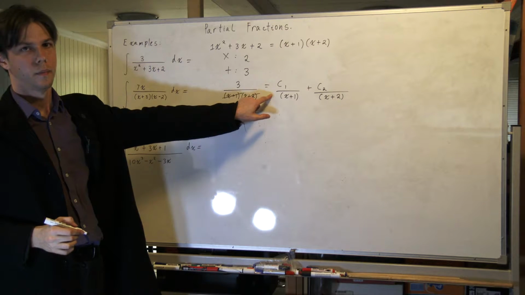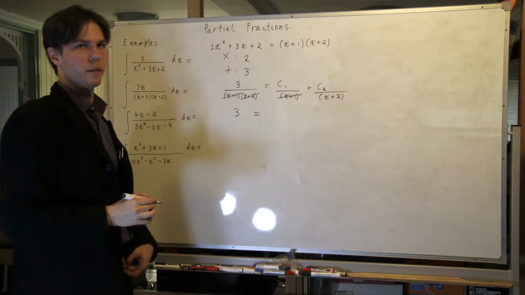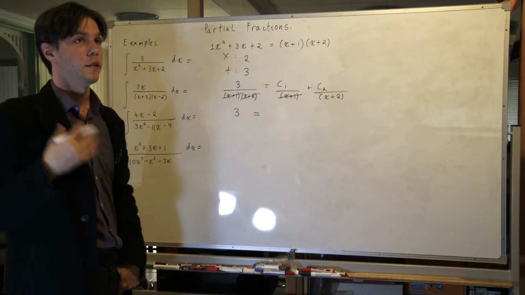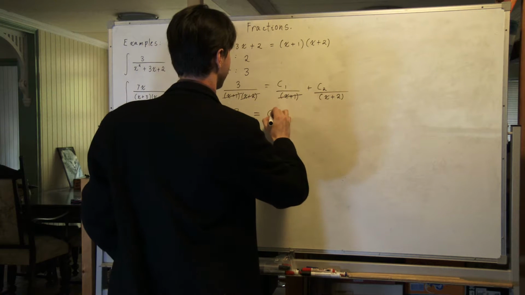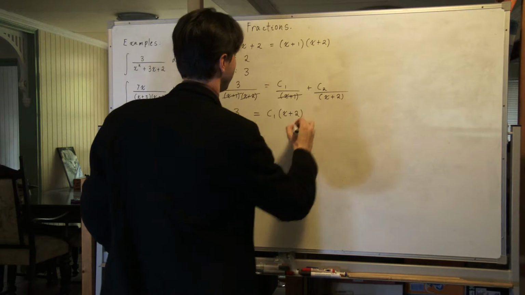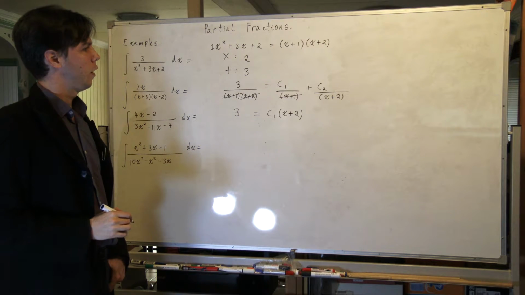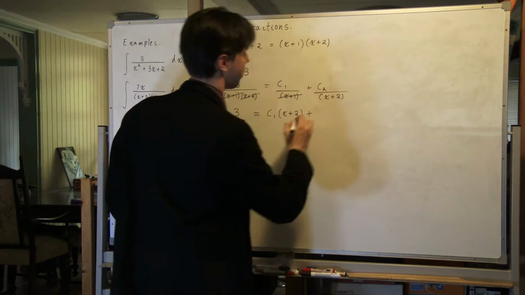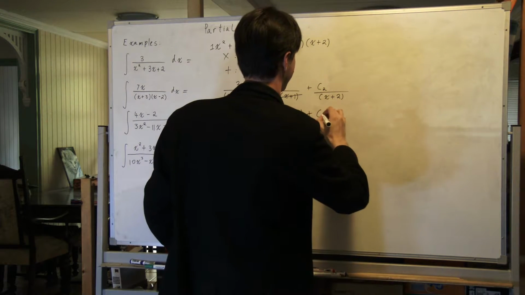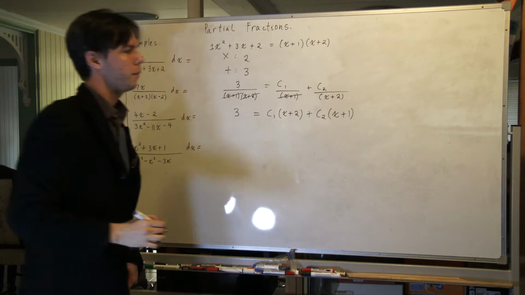And over here, multiply by x plus 1, cancels it out. And then I multiply by x plus 2, but that x plus 2 doesn't get cancelled out. It stays there like c1 times x plus 2. Then over here, I multiply by x plus 1 and see it can't get cancelled out. So I have c2 times x plus 1.